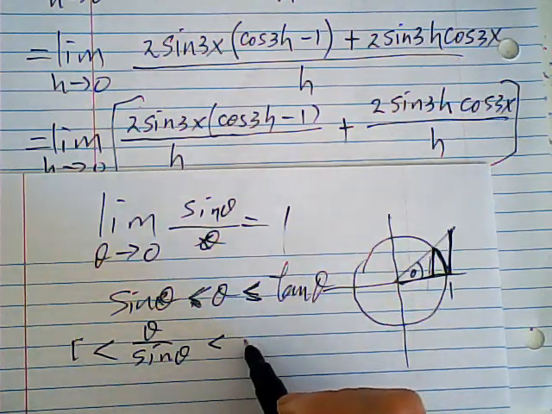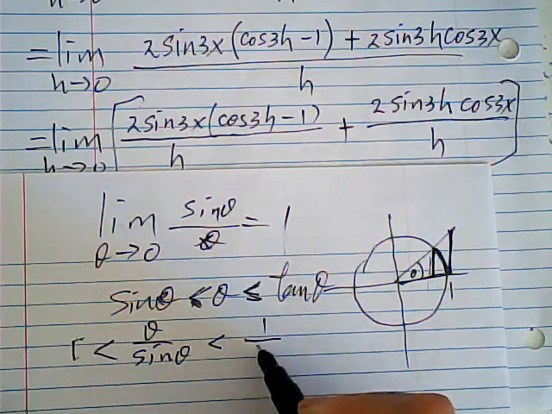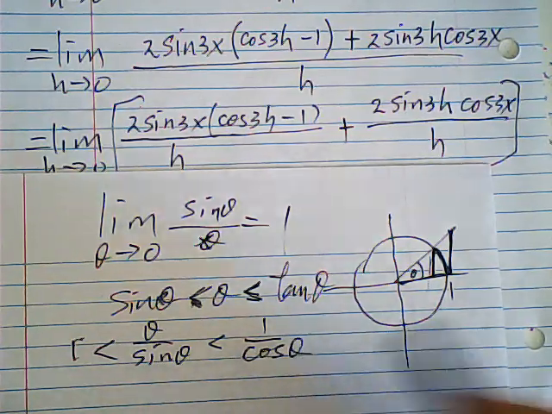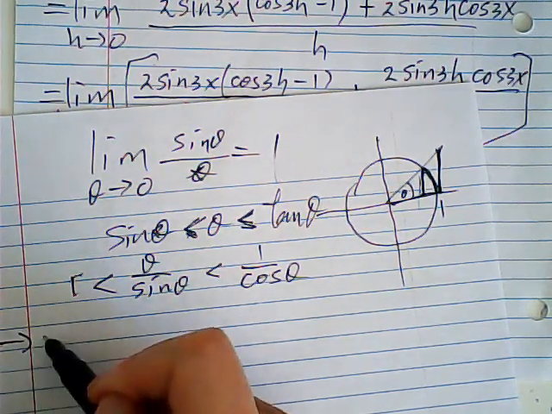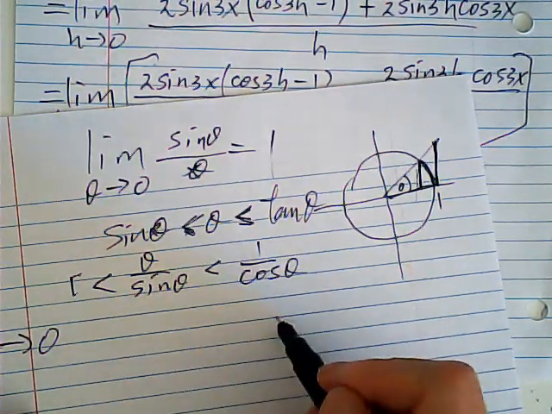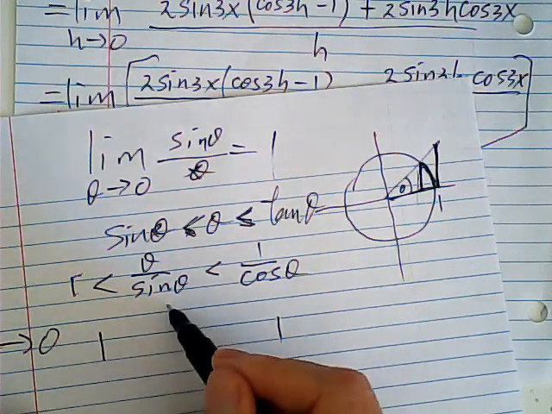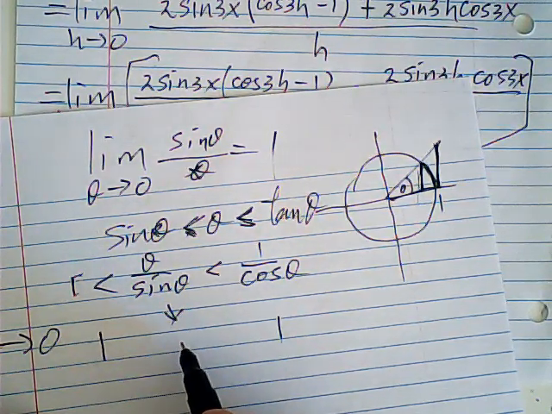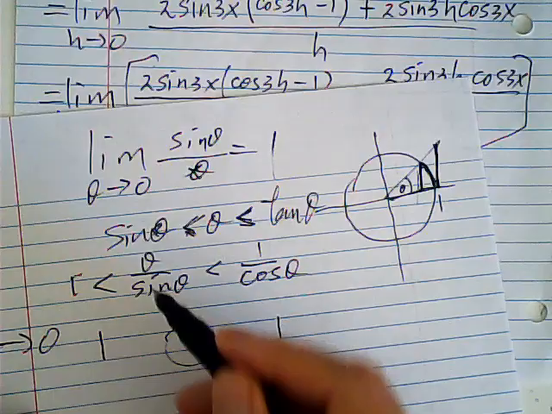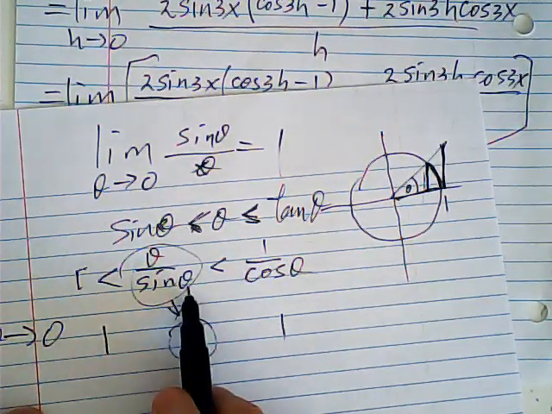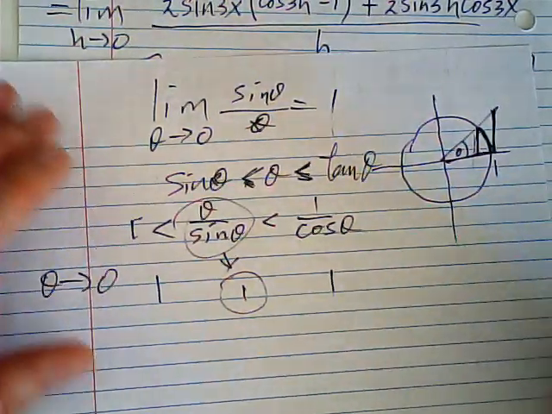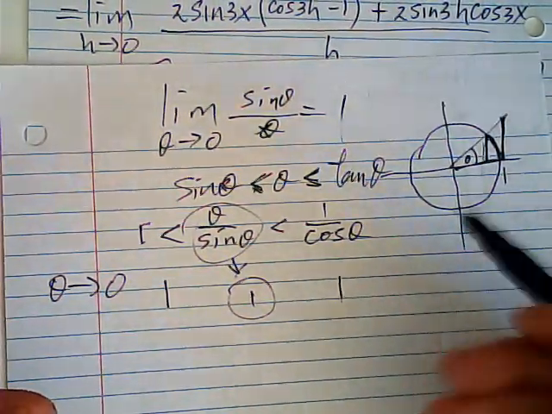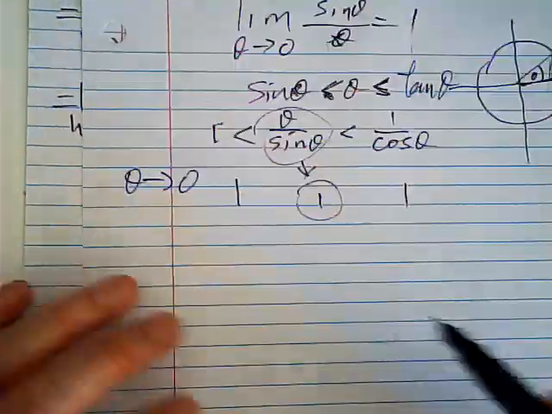This is equal to 1 over cosine, right? Now then theta goes to 0. This one is equal to 1. This is 1. So this one must be squeezed into 1. So this limit as theta goes to 0 is 1. That's the basic limit, before we learn the derivatives.